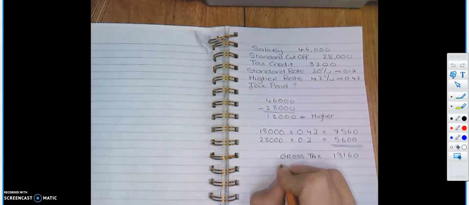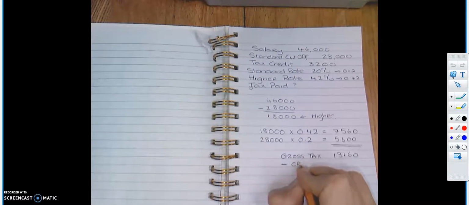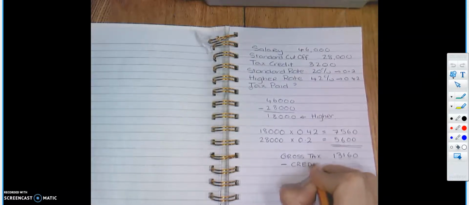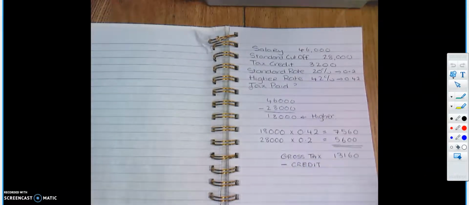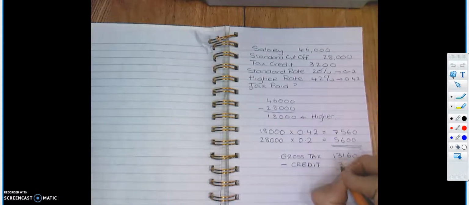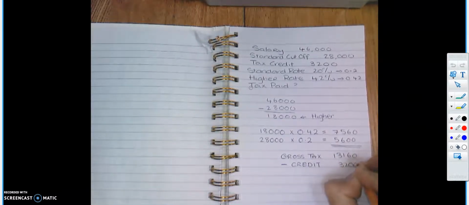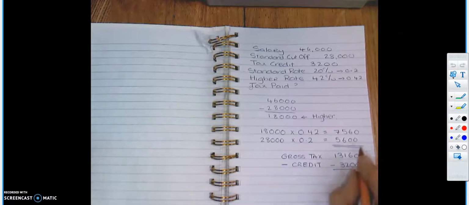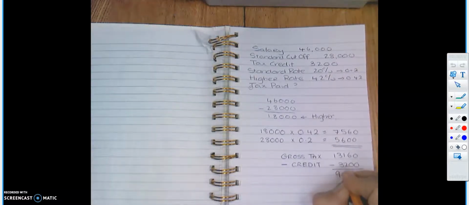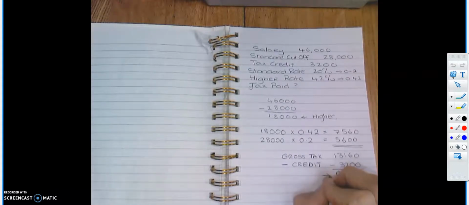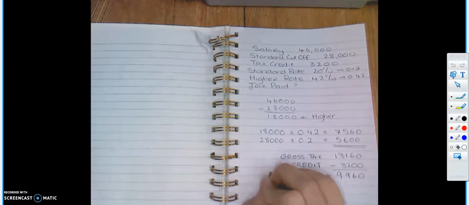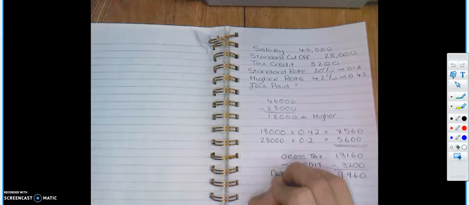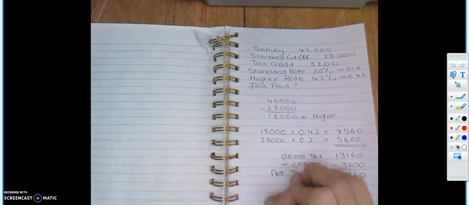From our gross tax, we subtract the credit, because credit is tax that we do not have to pay. So in this case, they have 3,200 tax credit. So we subtract 3,200 away, and we get 9,960 euros. So again, this is counted as the nicer of the two taxes, so your net tax.